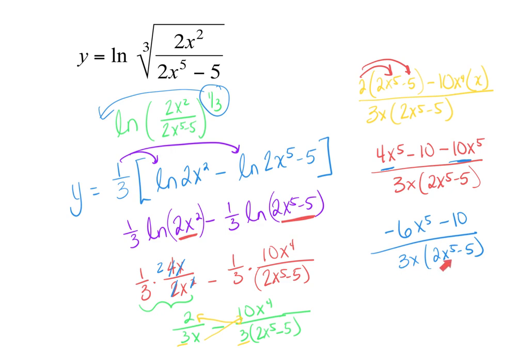But leaving the denominator factored will sometimes help you see if you could reduce it. So if 3 went into the 6 and, say this was 6x to the 5th minus 9, and I have a 3x out here, I can see that, oh, I could divide a 3 out of everything. All right, so that's why I typically leave it factored. But either way is fine. That is your answer right there.